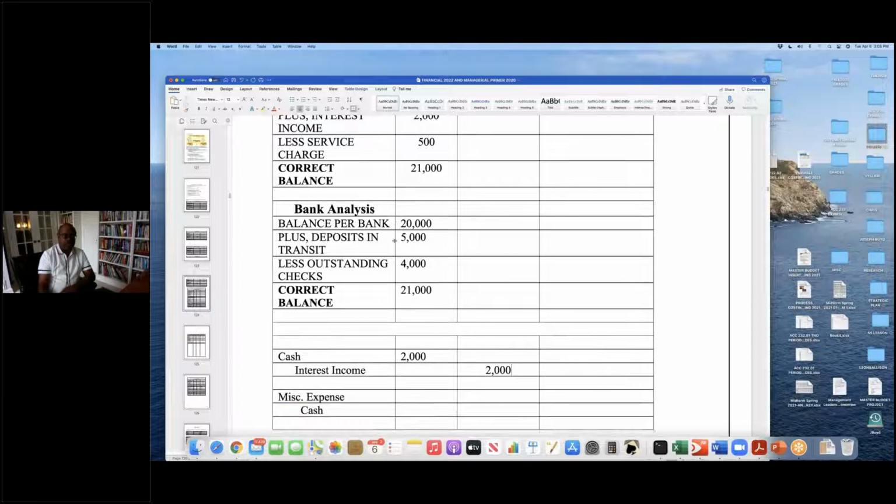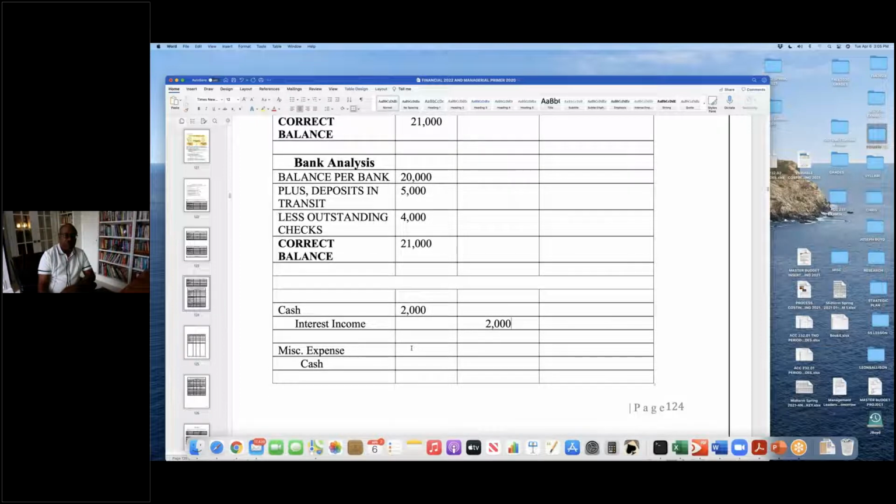And then for the service charge, we debit miscellaneous expense, 500, credit cash, 500. So when the bank has items that we don't have, we make a journal entry.